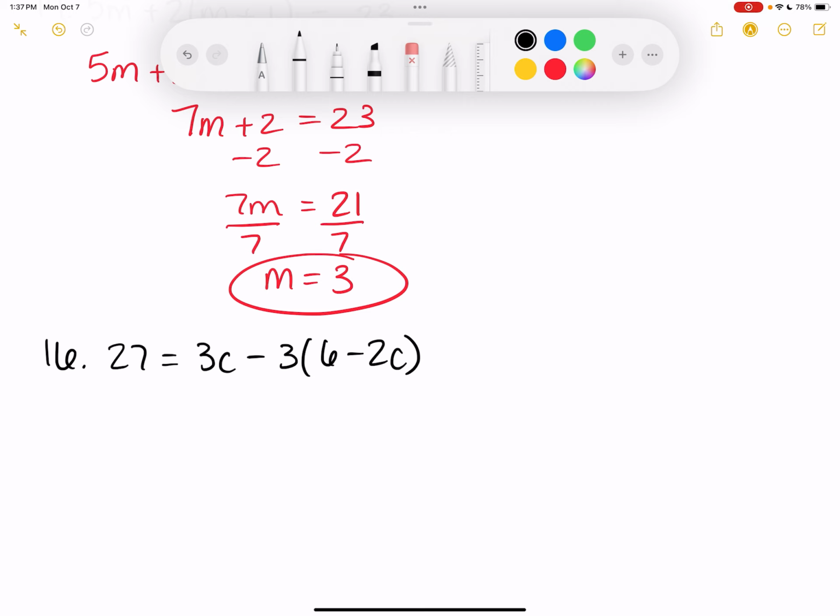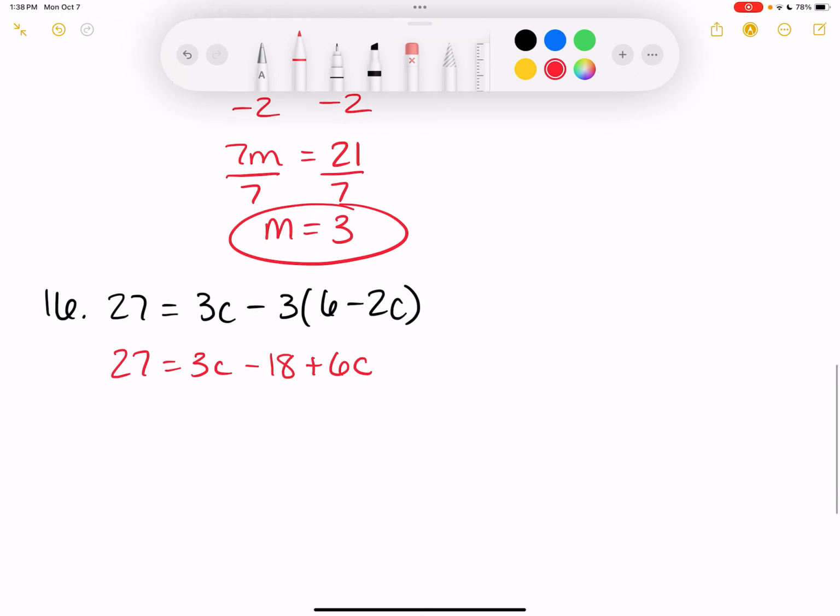So what do I do first on this one? Distribute. And what do I get when I do that? 3c minus 18 minus 6c. Not minus. Negative 3 times negative 2c is plus 6c.